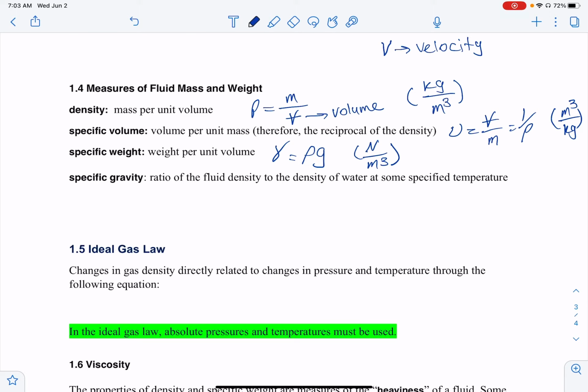Another characteristic of the fluid that I'm going to talk about is specific gravity. Specific gravity is the ratio of a fluid's density to that of water.